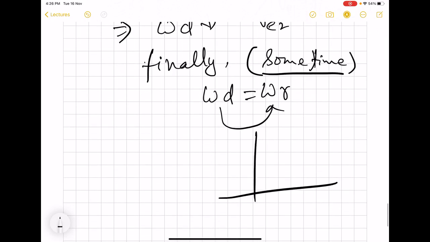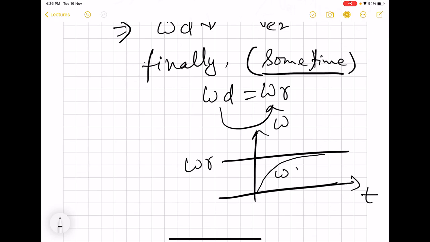Say, for example, if this is omega r, which we want to track, and this is time. So this is frequency axis. So sometime it might track in this way, or sometime it might go and converge in this way. So what will be the nature exactly will be decided by the loop filter.